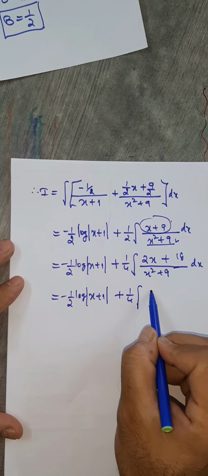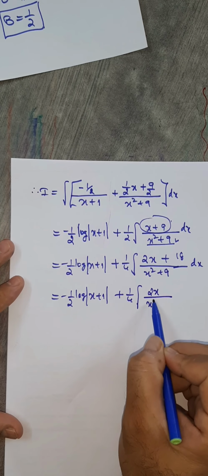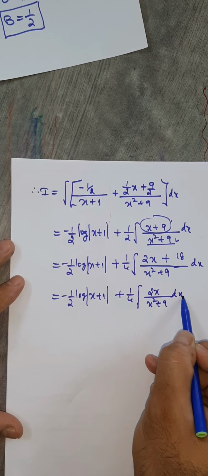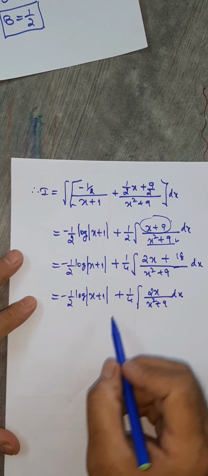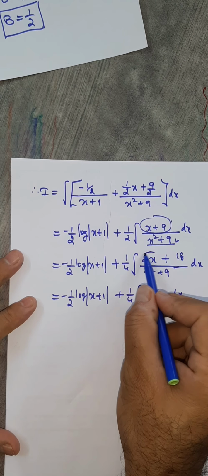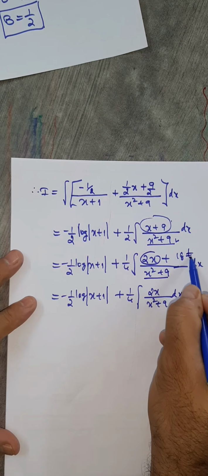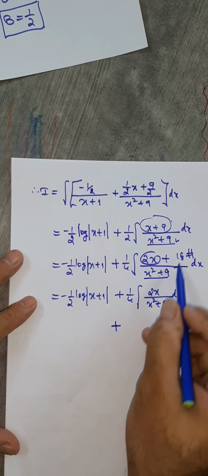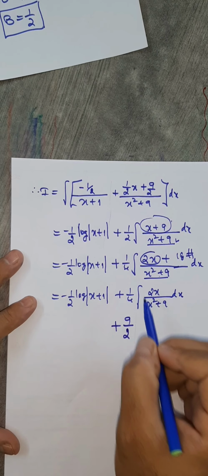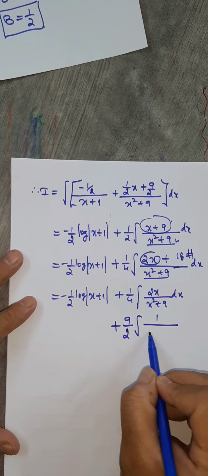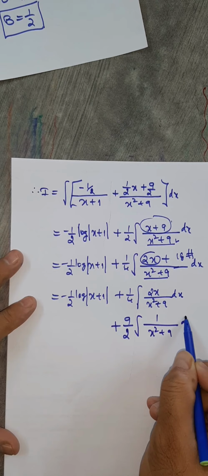Minus 1 by 2 log of mod of x plus 1 as it is. 1 by 4. We split into 2 integral. 2x upon x square plus 9 dx here. Then what about this? When you do individual division, this upon this and this upon this, that is plus 18 by 4, which is 9 by 2. 18 by 4, 9 by 2 upon x square plus 9 dx.